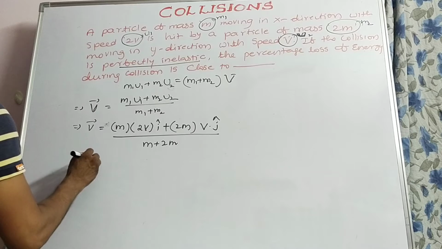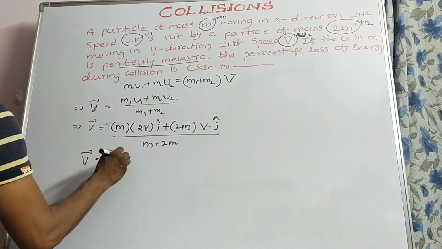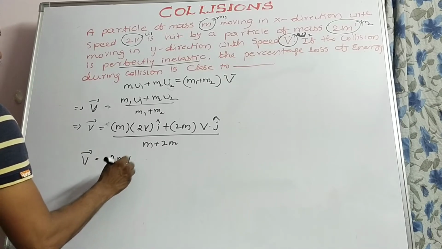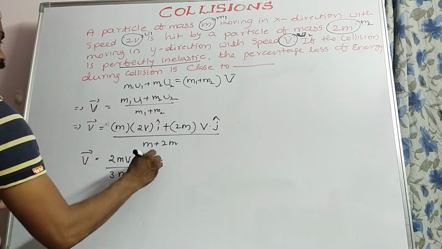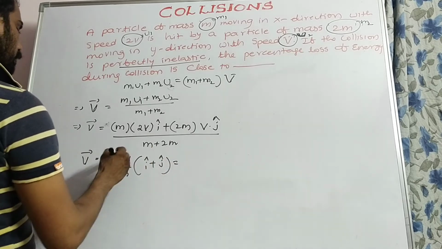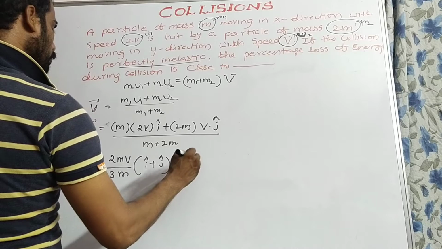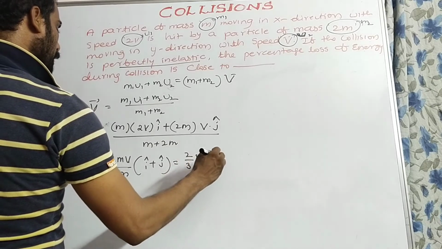So V bar is equal to 2mv by 3m into i cap plus j cap, and m gets cancelled, hence 2 by 3 v into i cap plus j cap.